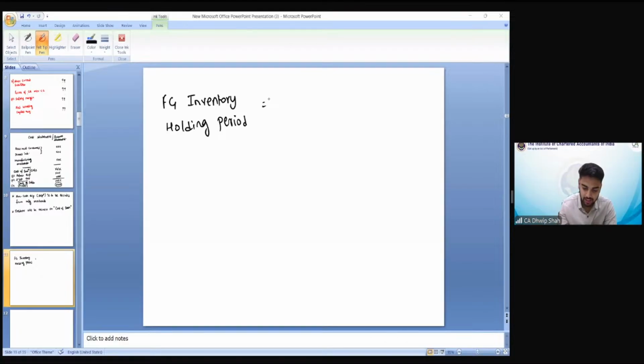Sir, I don't remember anything. It was something like this: COGS upon average stock, and if average stock was not provided, then it was nothing but COGS upon closing stock of FG, into 365.